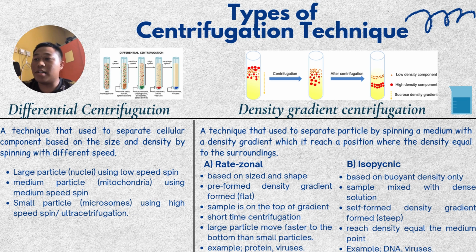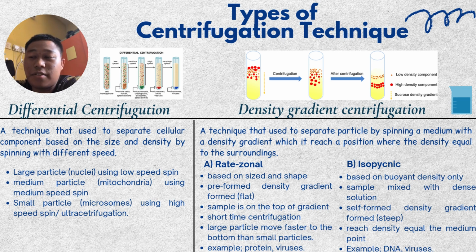To easily understand, for both, we can compare or differentiate between both types of density gradient. The difference between rate zonal and isopycnic is the nature of the gradient, where rate zonal has a shallow gradient because rate zonal is based on size and shape.